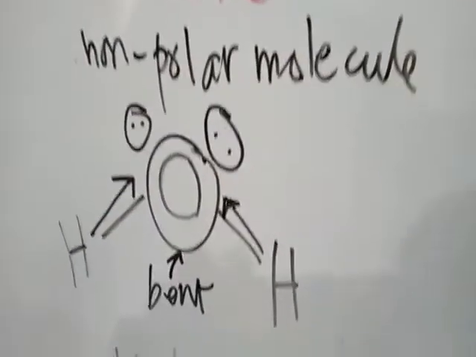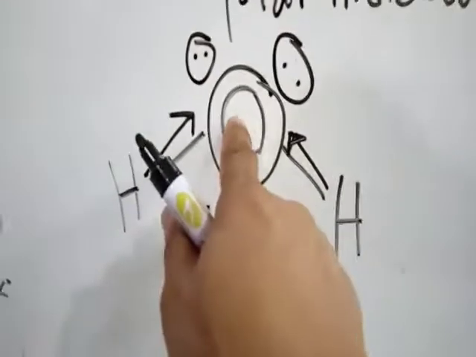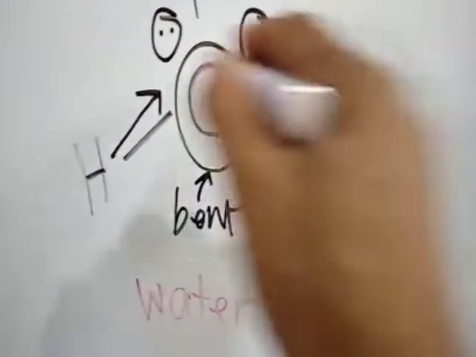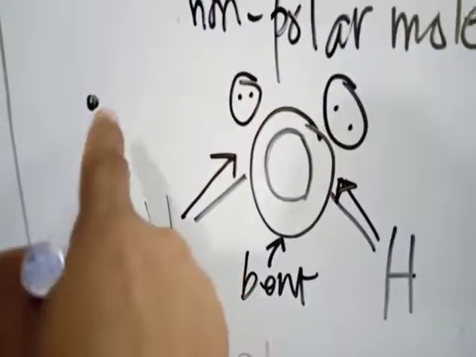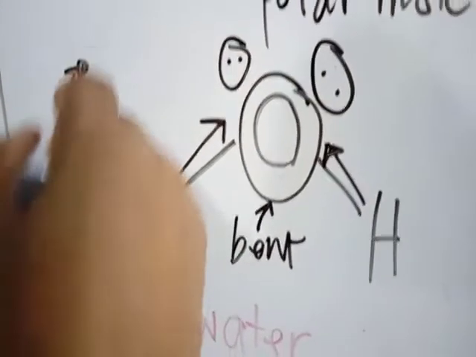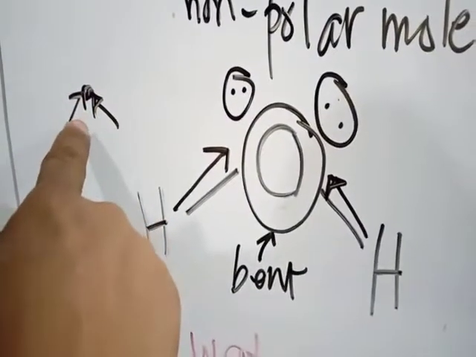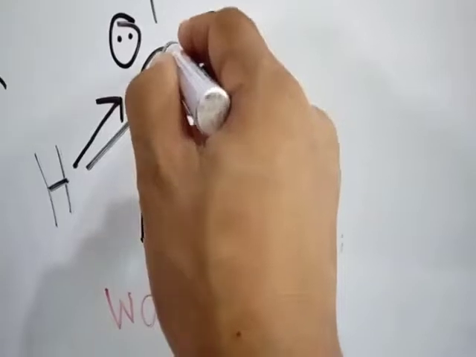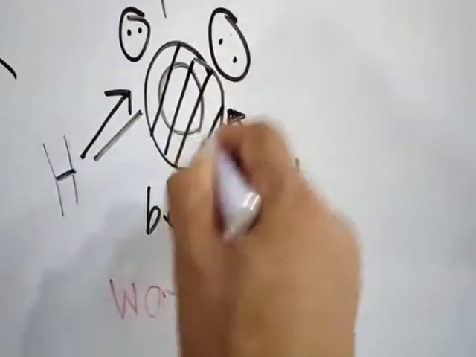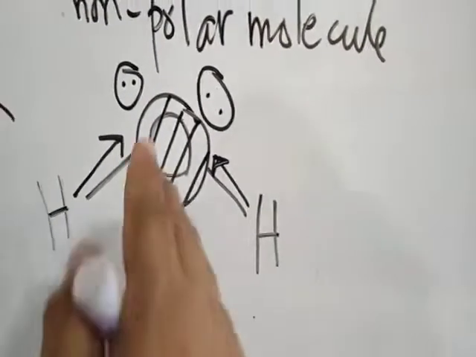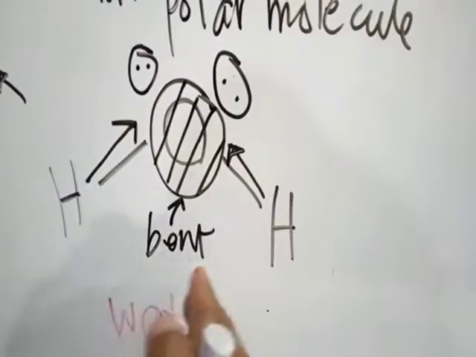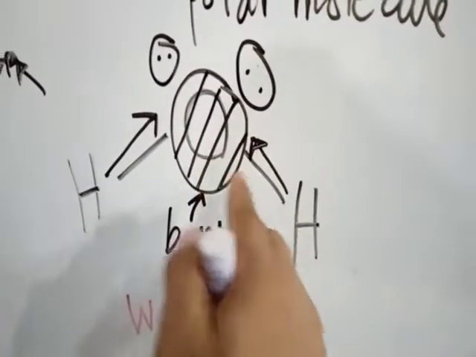So now let us isolate the central atom. There is a force going this way, another force going that way. Will the central atom move? Yes, it would. So we will shade this one. After shading, you have to look for the partial positive and the partial negative.